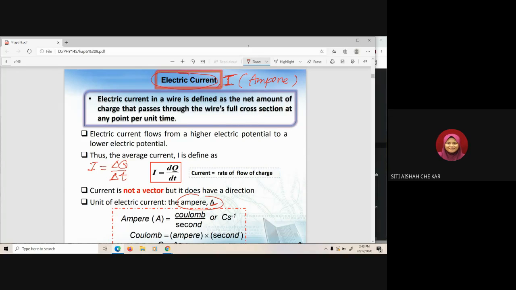So I is actually a net amount, a total of charge, Q, passed through the wire per time T. Okay, so I equals Q over T, and the unit is ampere.